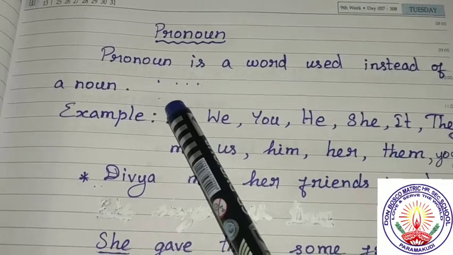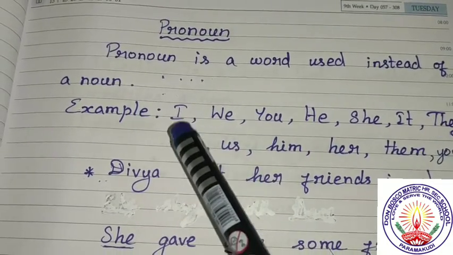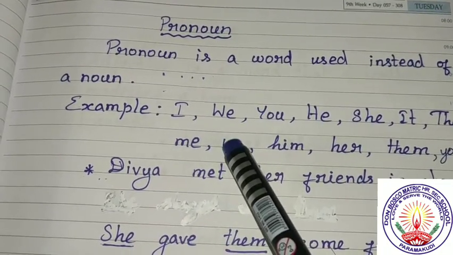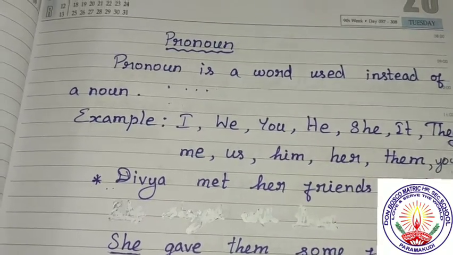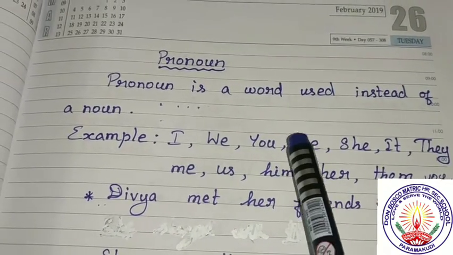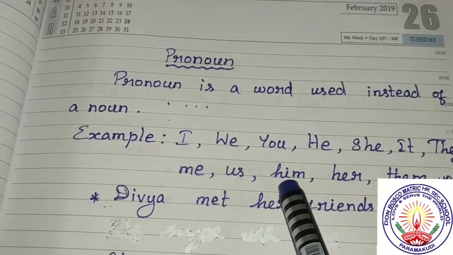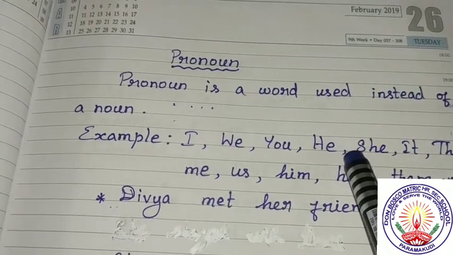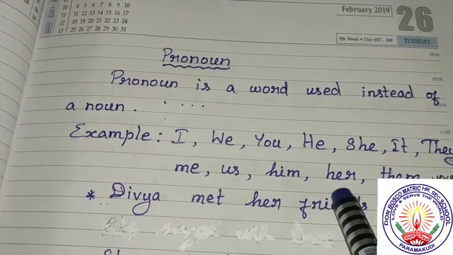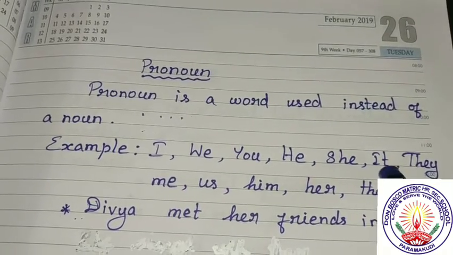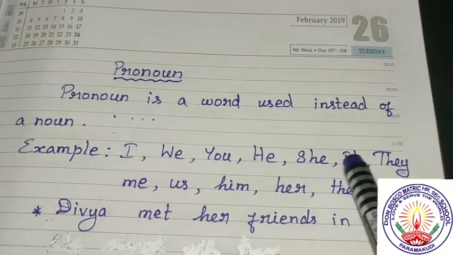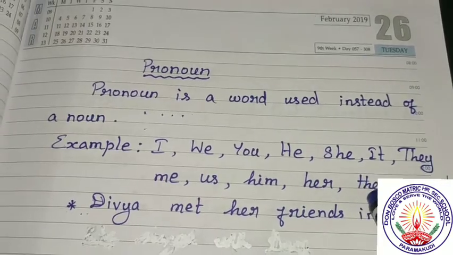The objective pronoun of I is me, of we is us, of you the same you, of he is him, of she is her, of it the same it, and of they is them.